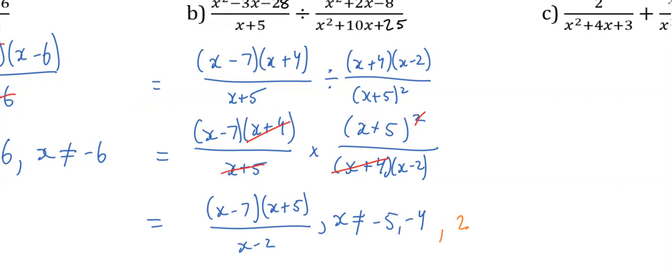Yeah, like this function, whatever that mess is up there, is the same as that at 2 in that they're both undefined. So to me, a restriction is like, because I divided these away, the x plus 4s and the x plus 5s, maybe I divided that one on the bottom away, and it's not in what's left, you need to restrict them. Because I can sub negative 5 into this, and it's fine.